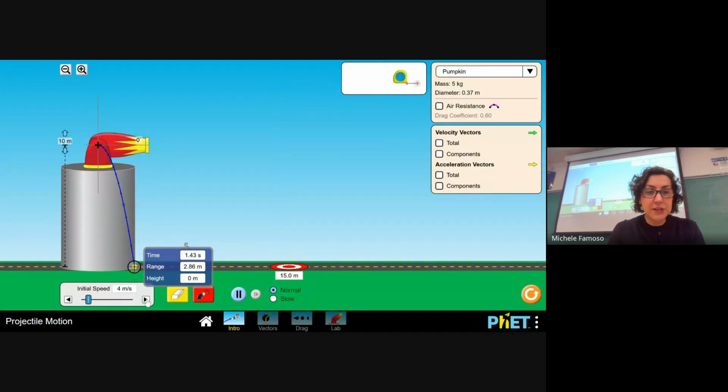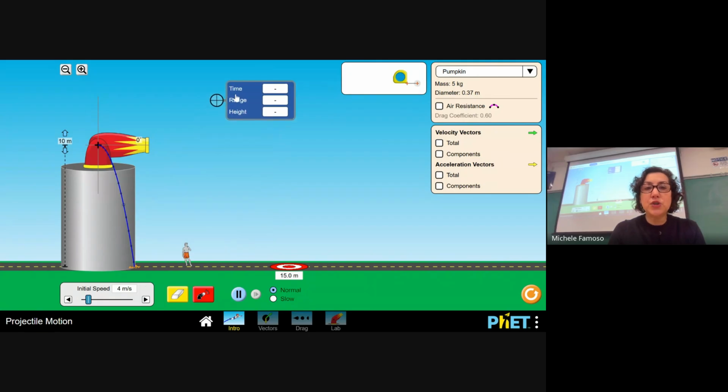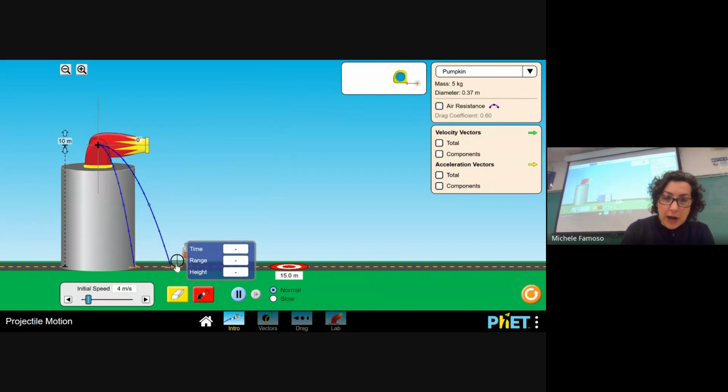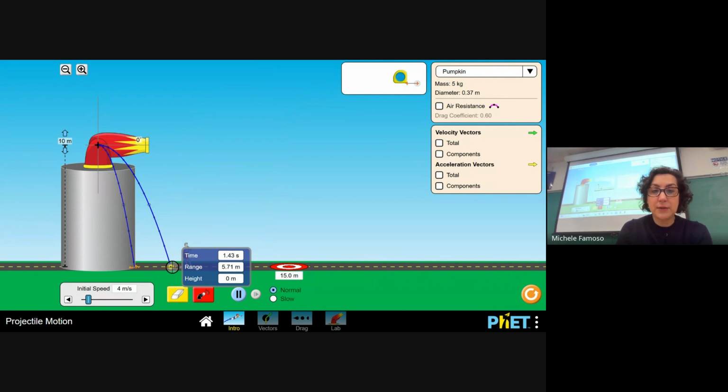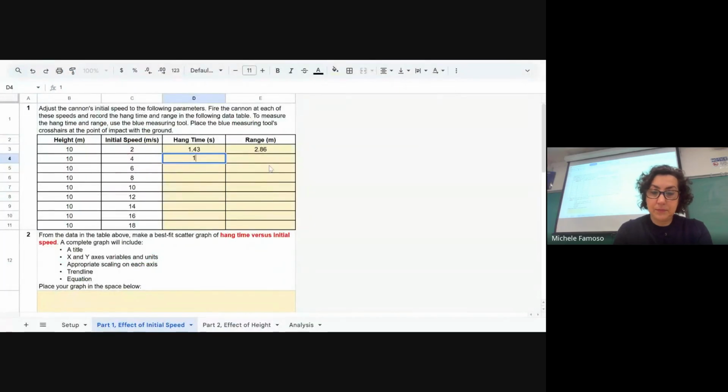So I'm going to just increase this to 4. I'm going to move the blue measuring tool out of the way, and I'm going to fire it. I'm going to bring that blue measuring tool down to the ground, let it light up at the ground. There is my time and my range. I'm going to take those numbers and put them in my Google Sheet. Okay. Did you get 1.43 for the time and 5.71 for the range?